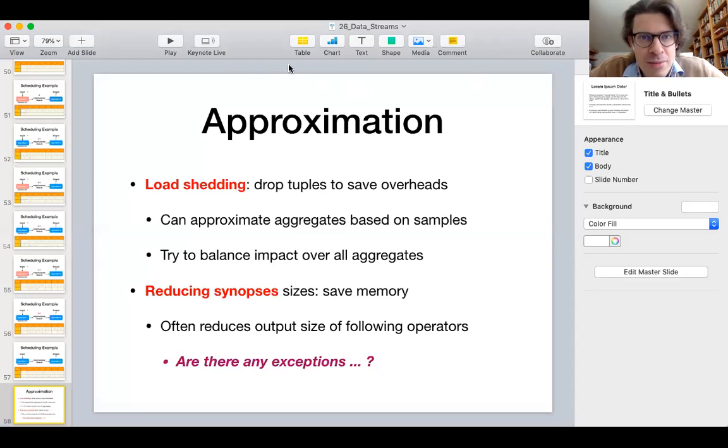Let's see the first message: how could it reduce the output size? Okay, great question. So, for instance, we have a join operator, and the synopsis is one of the hash tables. So if one tuple arrives in the first input, then I use this hash table in order to quickly find the matching tuples in the second input.